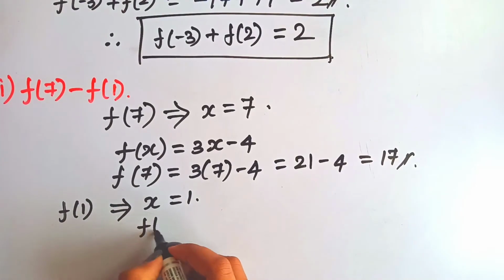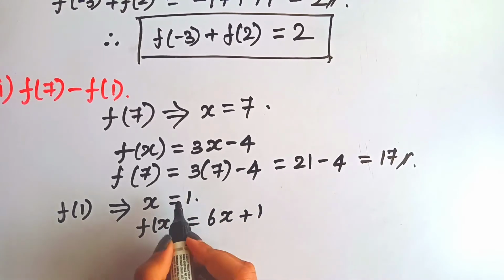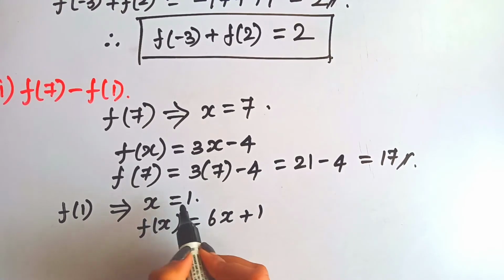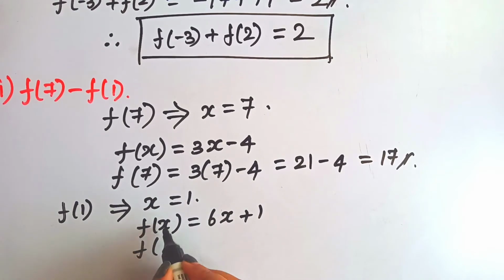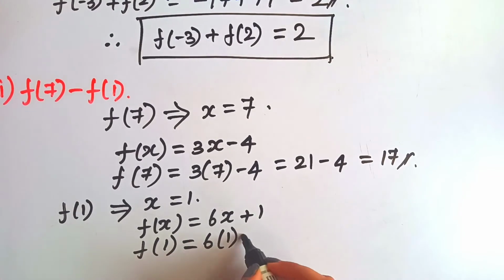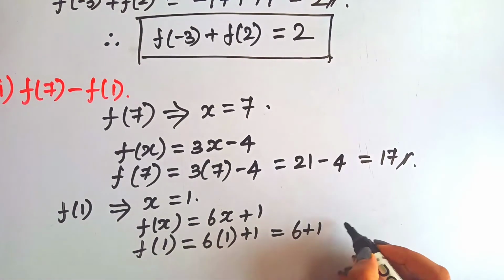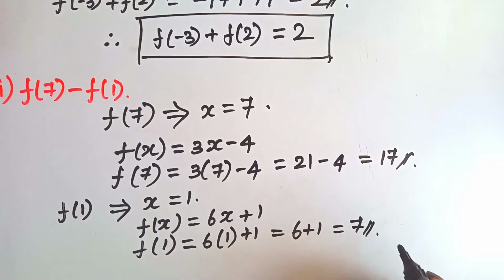So our f of x will be equal to 6x plus 1. Here we have substituted x is equal to 1. So we replace x by 1. So f of 1 will be equal to 6 into 1 plus 1, which is 6 plus 1 will be equal to 7. So we have found f of 7 and f of 1.